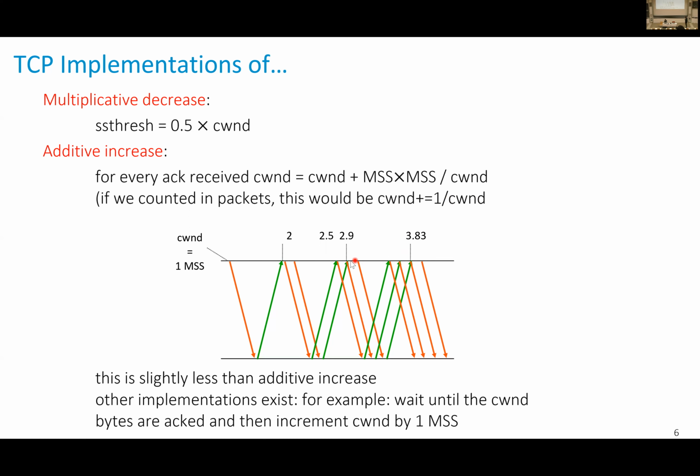It's a bit less than additive increase for 2 reasons. Because if you do 1 over x, n times in a window of x, you don't increment by 1, but something that's a bit smaller. And also because you don't increment by 1 MSS every round trip time exactly, because what is called a round trip time here is the time to receive acknowledgements for the full window, not for one packet.